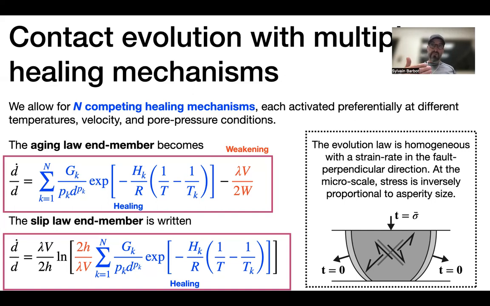So in general, we find that the slip law and the aging law have very similar steady state solutions, and they can be made exactly the same by very subtle changes in material properties. So considering the slip law or the aging law will essentially not change the behavior at steady state in this work.